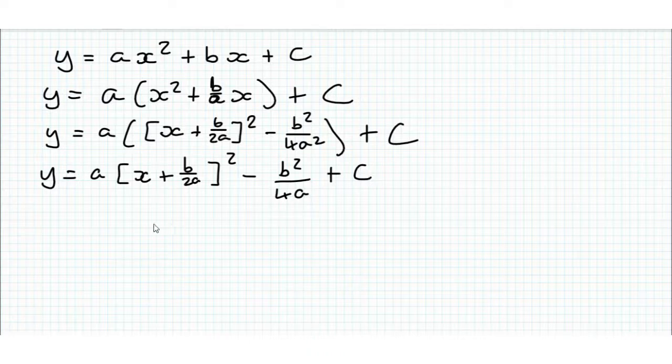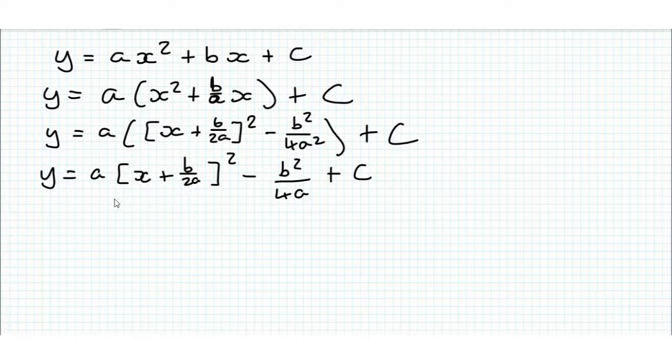If we're looking at the turning point of this graph, the minimum or the maximum, well, when a is positive, we get a U shape, so we're looking for a minimum. Since this x plus b over 2a is squared, it's always positive, so the smallest value it can take is 0.